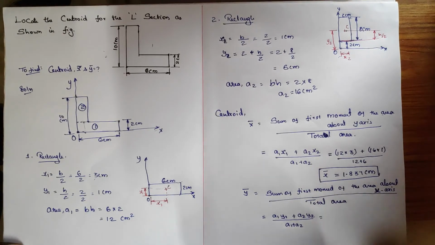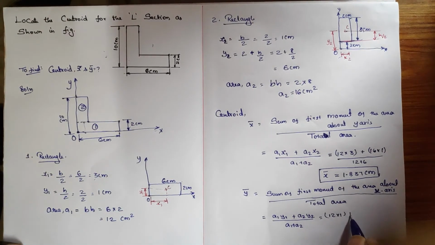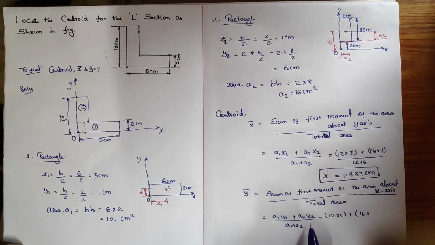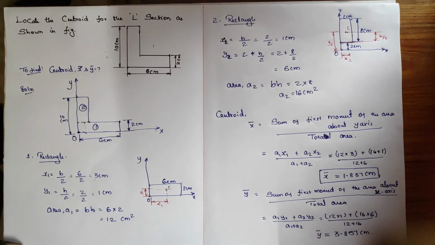When you update it, we get a1 which is 12 into y1 which is 1 centimeter, plus a2 which is 16 into y2 which is 6 centimeter, divided by 12 plus 16. Here we get the answer for y bar as 3.857 centimeter.